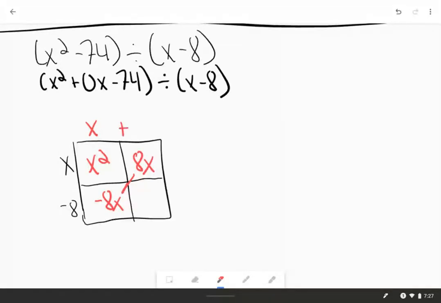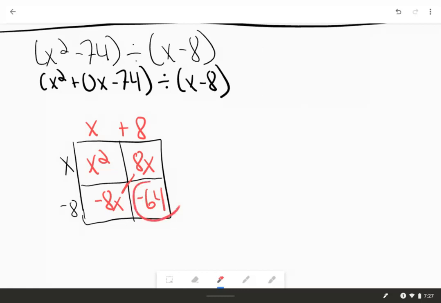Next, x times what is 8x? It's going to be x times 8. Right, x times 8 is 8x. Negative 8 times positive 8 is negative 64.